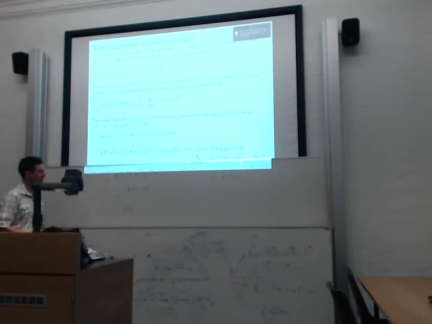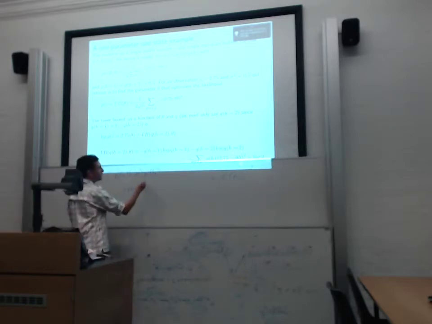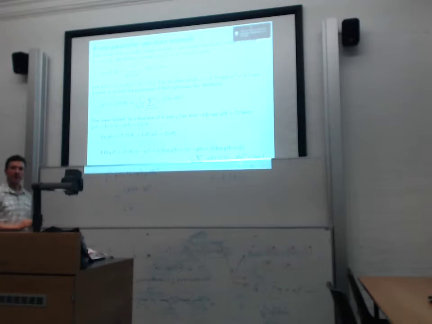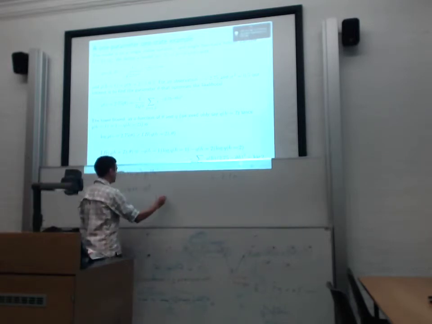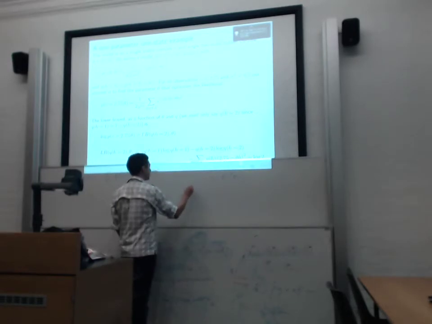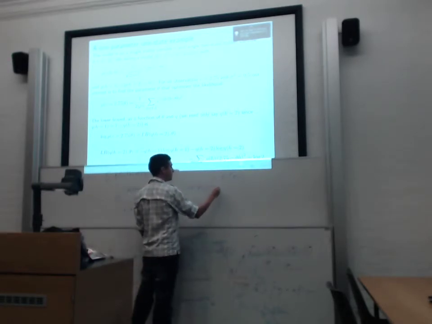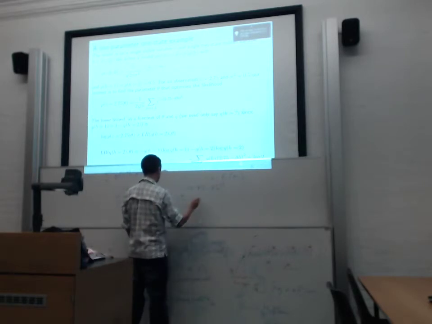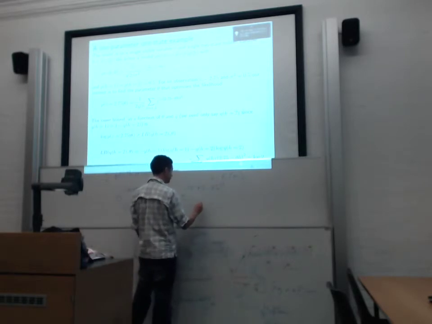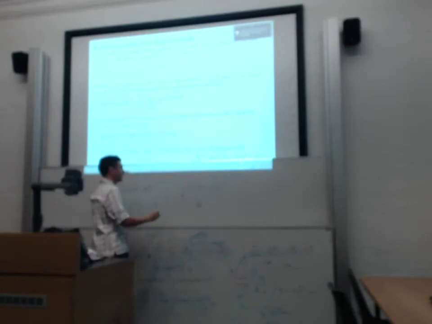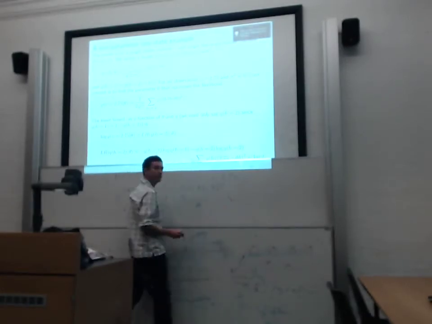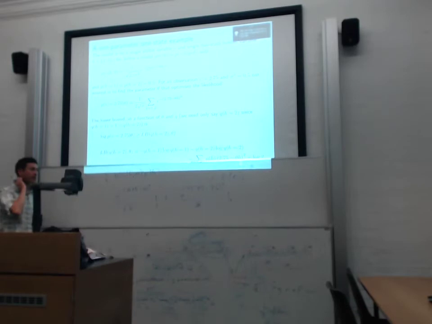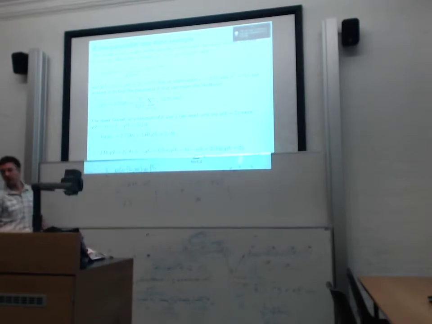Sigma squared is a half, so it should be multiplied by P of H, and P of H is a half. Plus the other term for H equals 2. That's the expression for the marginal likelihood.